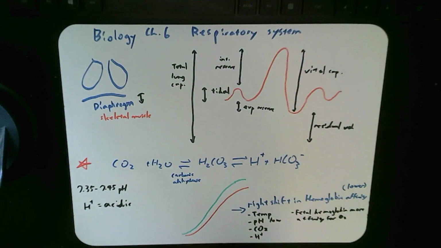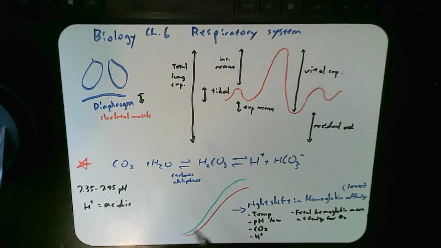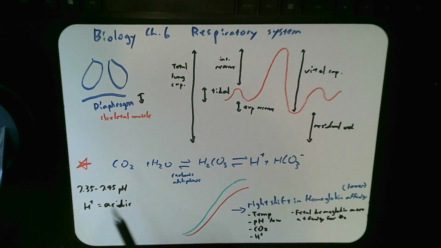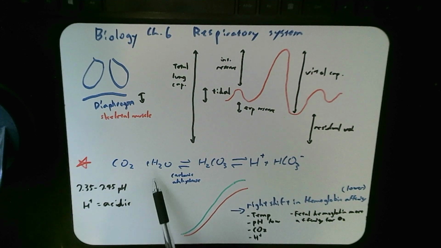That's how I remember. All right, now look at this equation, using a carbonate buffer to help regulate the acidity in our bloodstream. We have CO2, H2O, H2CO3, H+, and HCO3-.